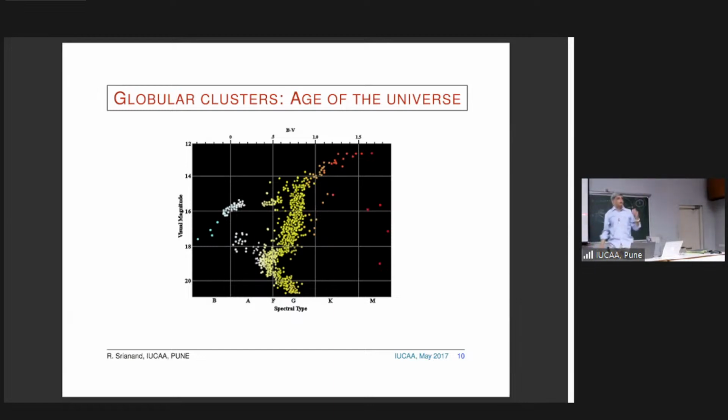So what happens to the luminosity of the star? If you assume this to be a black body, luminosity is sigma T to the power 4 times 4 pi R square. Sigma T to the power 4 is because it is the Stefan-Boltzmann relation.